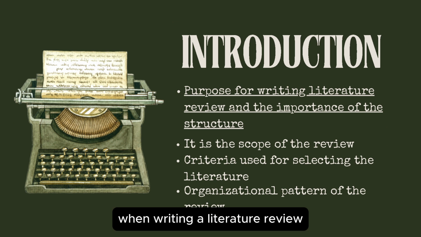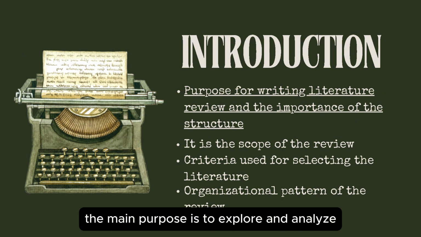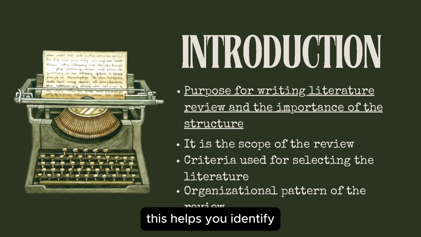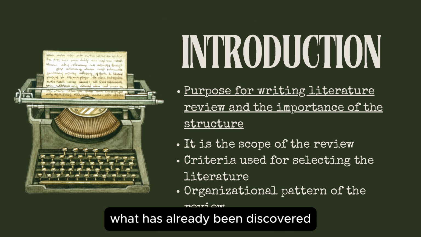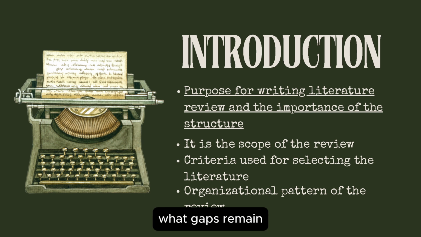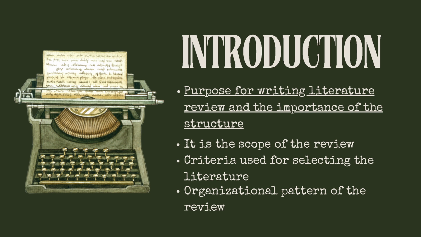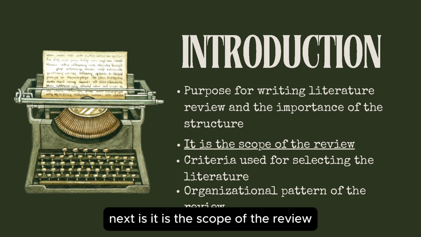When writing a literature review, the main purpose is to explore and analyze existing studies related to your research topic. This helps you identify what has already been discovered, what gaps remain, and how your study can contribute to the field.